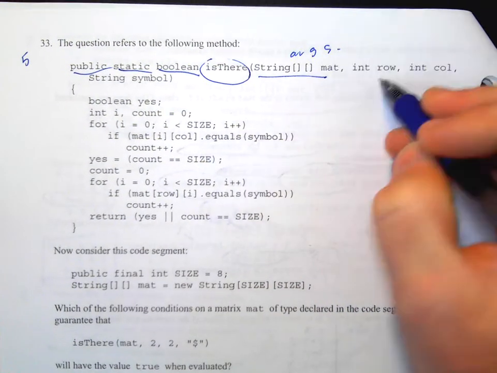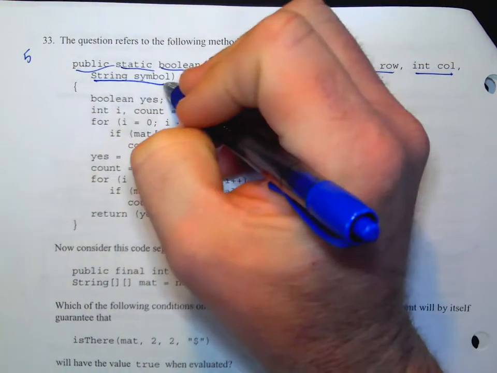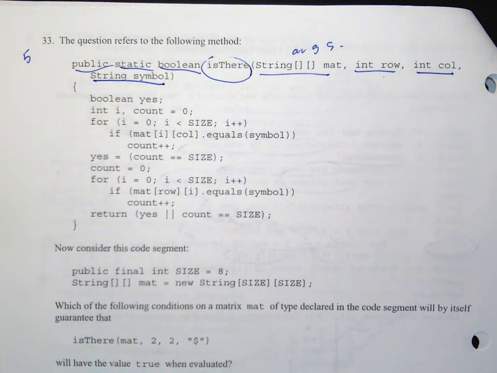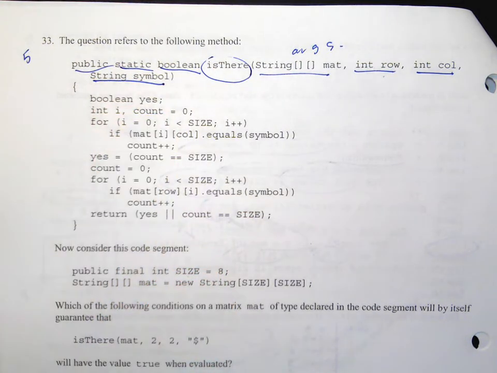It takes a 2D array, a row, a column, and a symbol or a string, which is probably like a letter or some kind of character. So Boolean, there's a new variable called yes. It's true or false. Int i and count are some other local variables in the method that are just created.